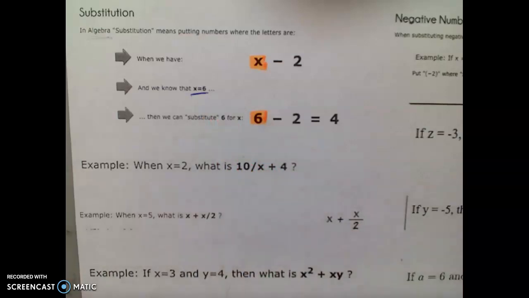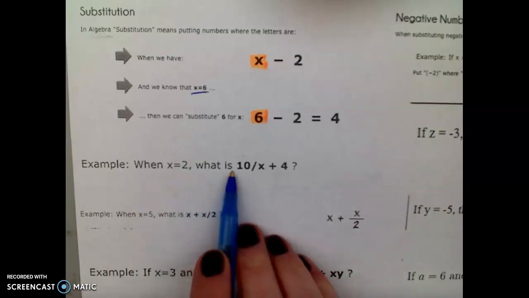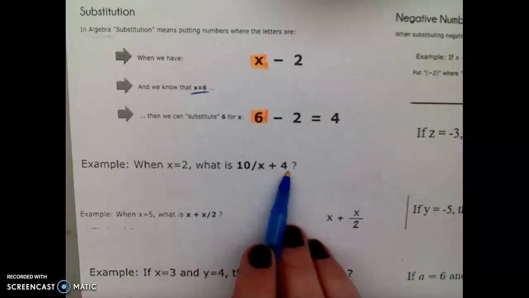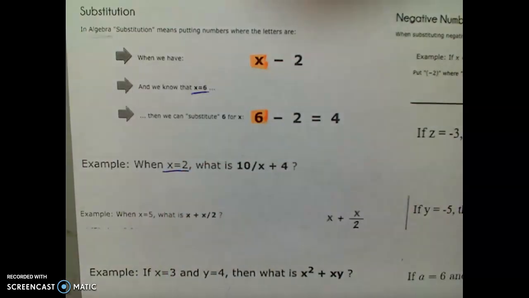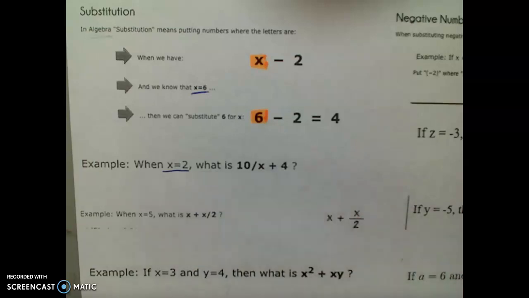Okay? So right here, when we have x is equal to 2 in our first example, we want to know what is 10 divided by x plus 4. So to do this, it's very, very simple. If x is 2, that means I'm going to rewrite the problem, but instead of writing x, I'm going to put 2 right there.